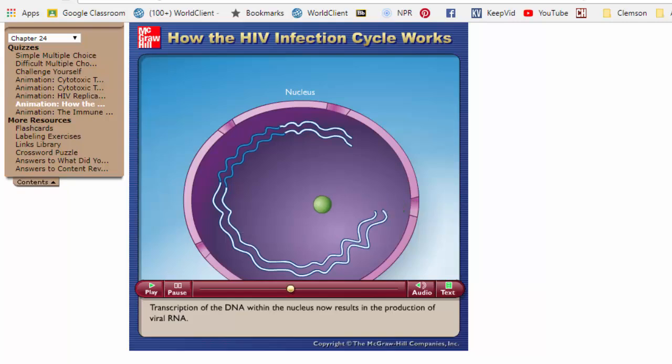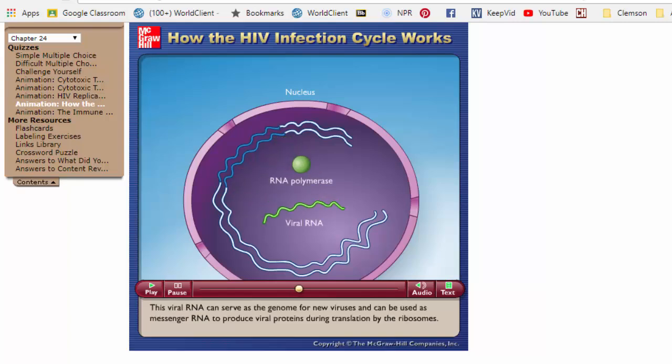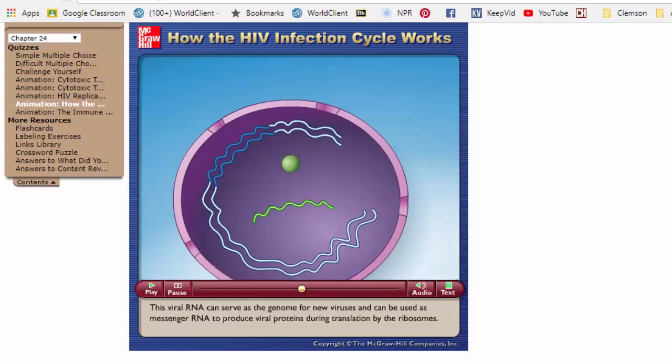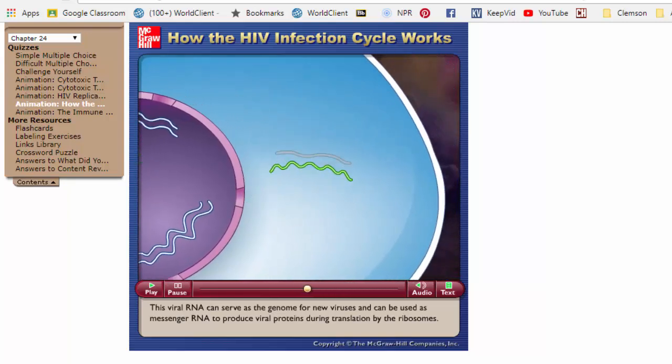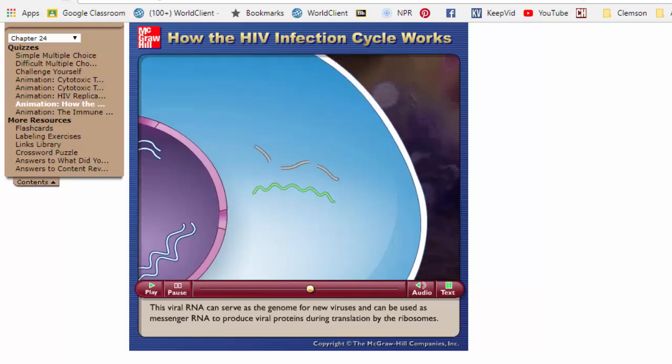Transcription of the DNA within the nucleus now results in the production of viral RNA. This viral RNA can serve as the genome for new viruses and can be used as messenger RNA to produce viral proteins during translation by the ribosomes.